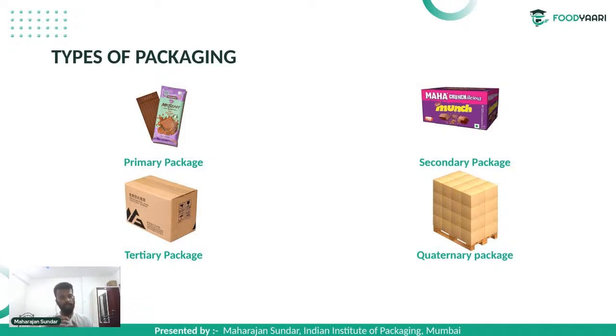A particular number of primary packages held together in a package is known as the secondary package. A certain number of secondary packed products held in a package is known as the tertiary package. And a certain number of tertiary packed products held together form a quaternary package.